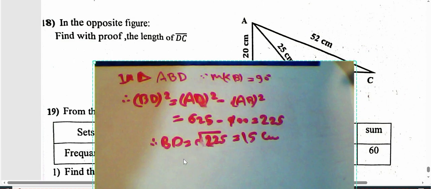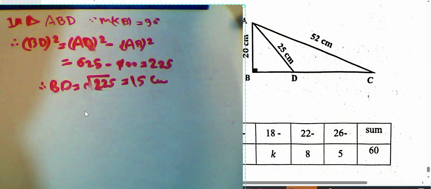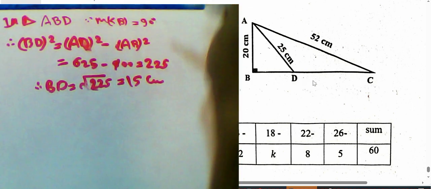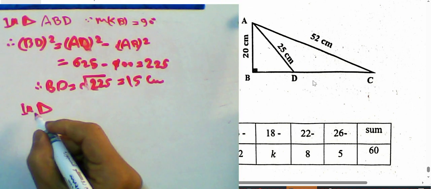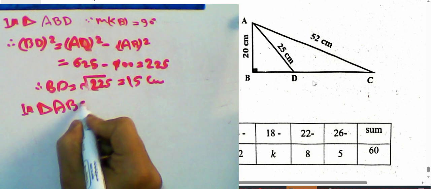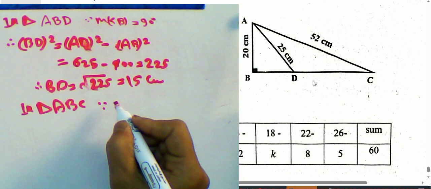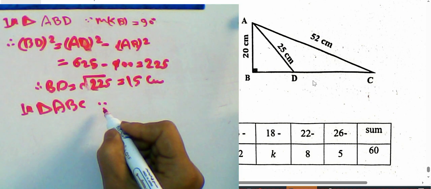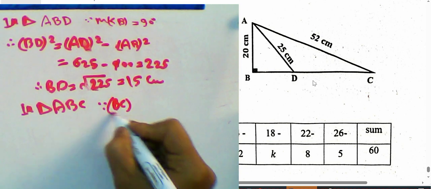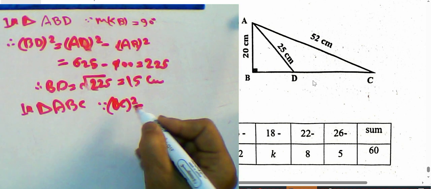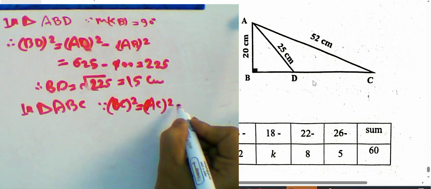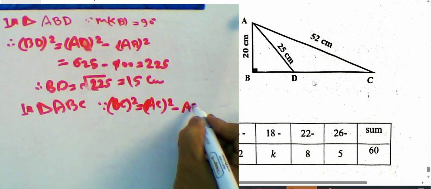Second step, we can find the length of BC from the bigger triangle. In triangle ABC, we can find the length of BC. Okay, BC power 2 equals AC power 2 subtract AB power 2.